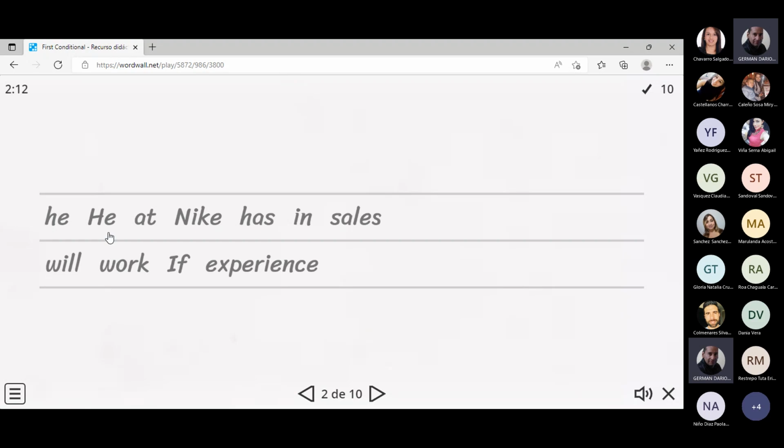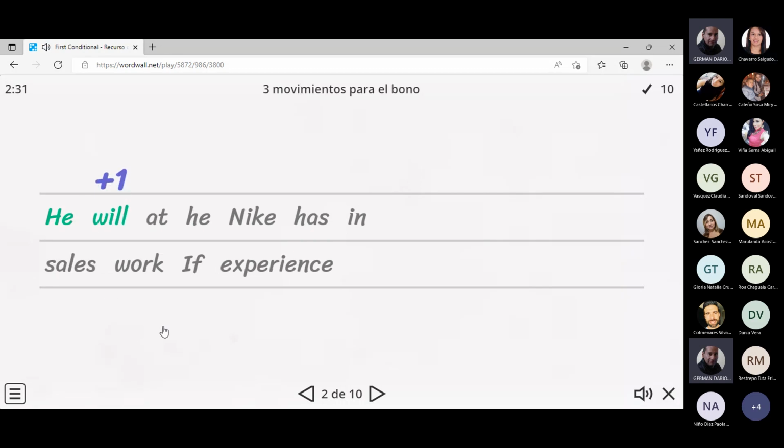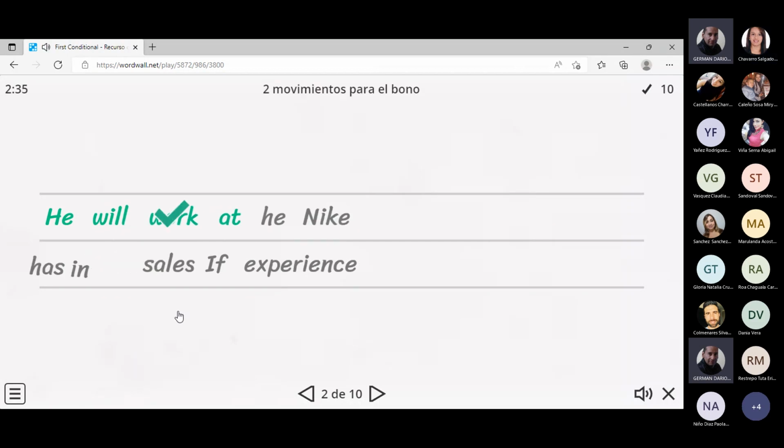He, yes, at night. The auxiliary verb. Will. Yes, he will. Yes, the verb. Work. Yes, he will work at the.